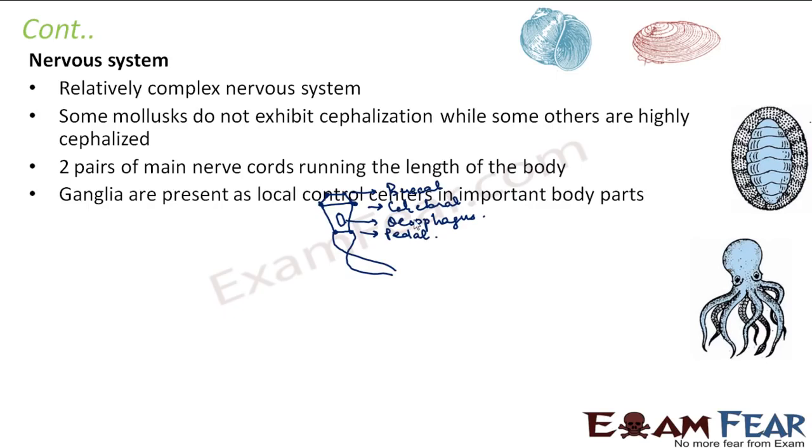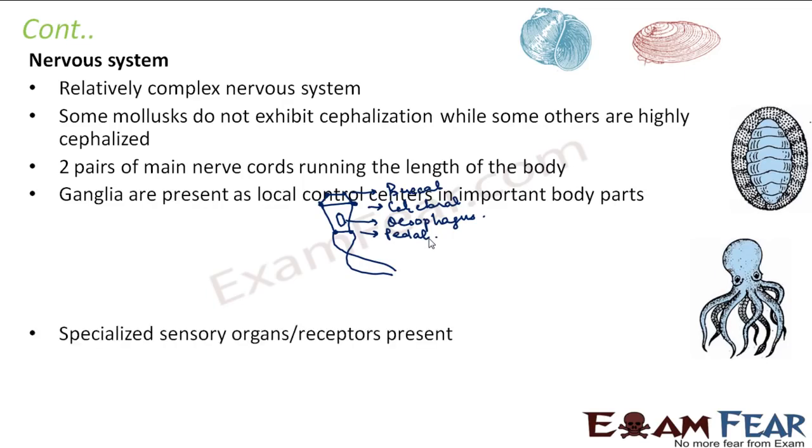The esophagus is encircled by a nerve ring. Inside that is present the esophagus. So cerebral ganglia is present above the esophagus and pedal ganglia is present below the esophagus. This pedal ganglia serves the foot and helps in locomotion.